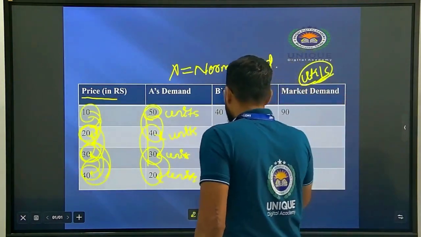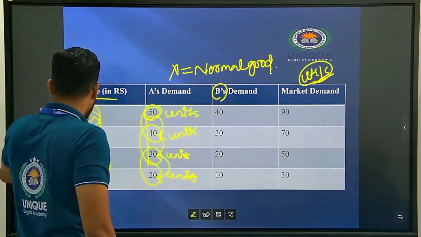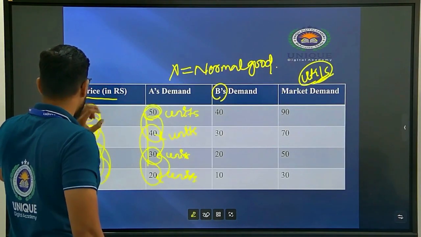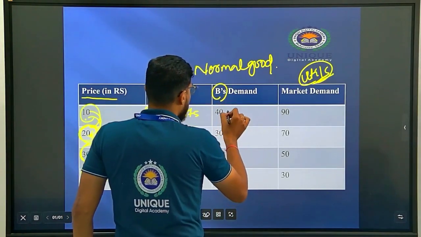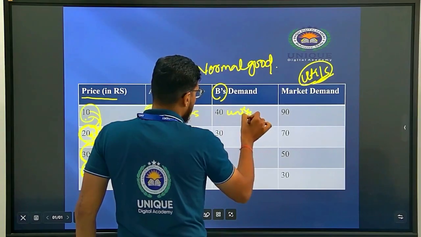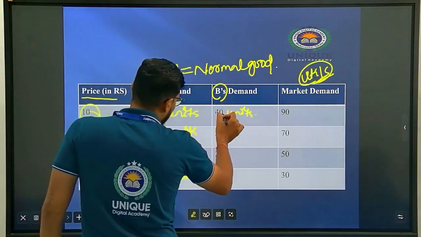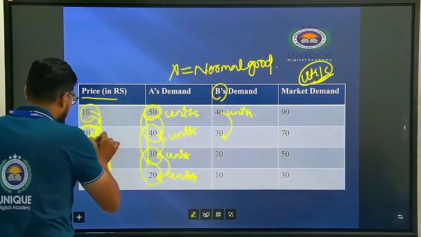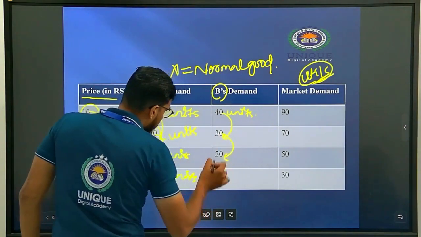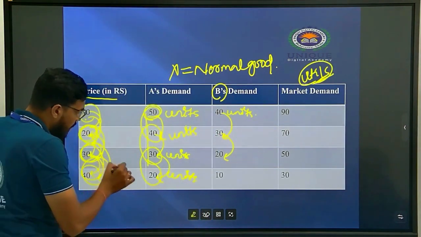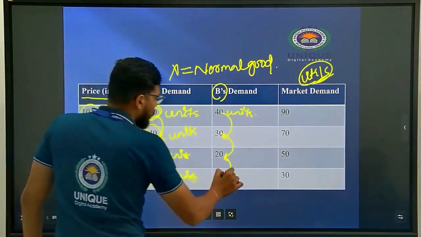Similarly, for another individual B, when the price of commodity X is rupees 10, B's demand is 40 units, and when the price increases from 10 to 20, demand declines from 40 to 30. Again price increases from 20 to 30, demand declines from 30 to 20. Again from 30 to 40, and demand declines from 20 to 10 units.